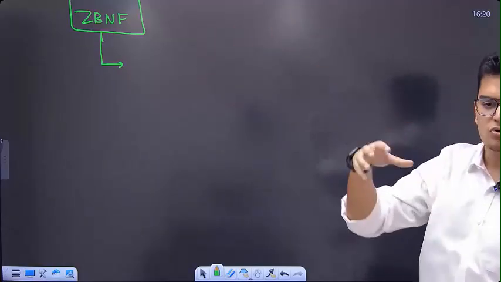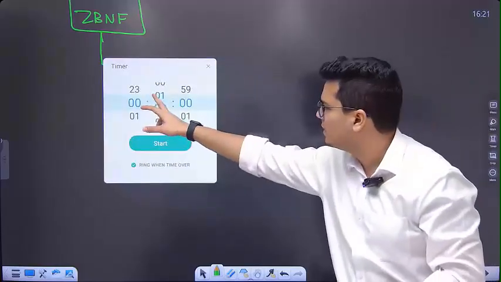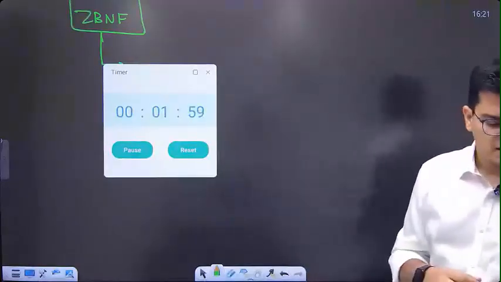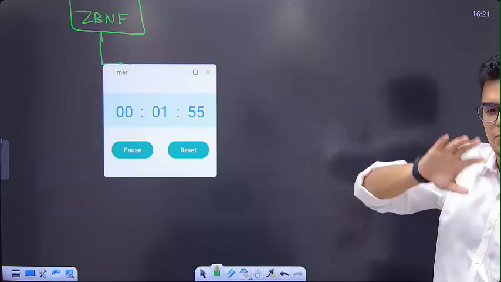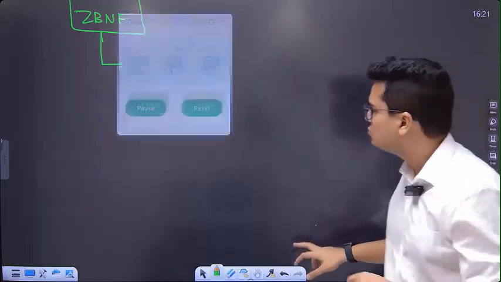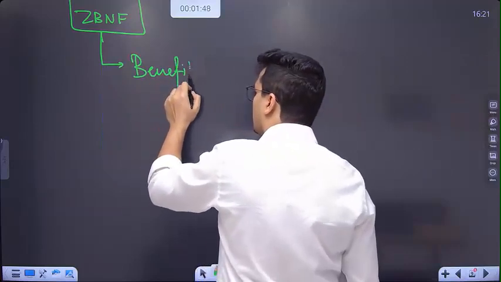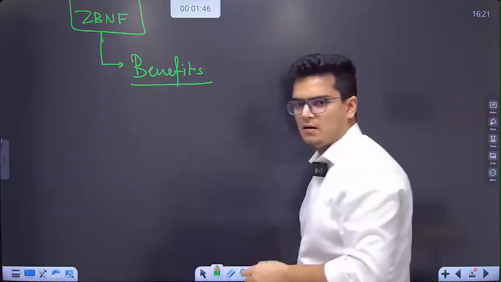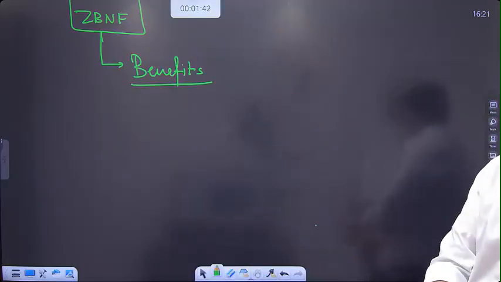What I want you to now do is brainstorm, because this is something you already know. Just giving you 2 minutes. Tell me what will be the benefits of ZBNF, and then we will think about the challenges. Let's apply our brain and think about what benefits could possibly be there.